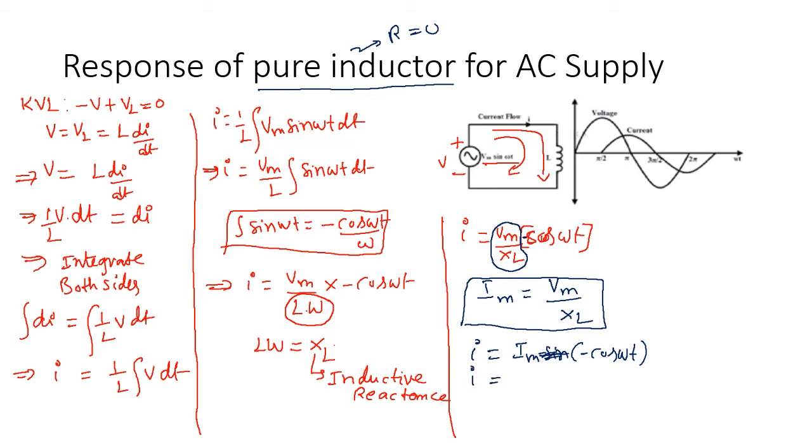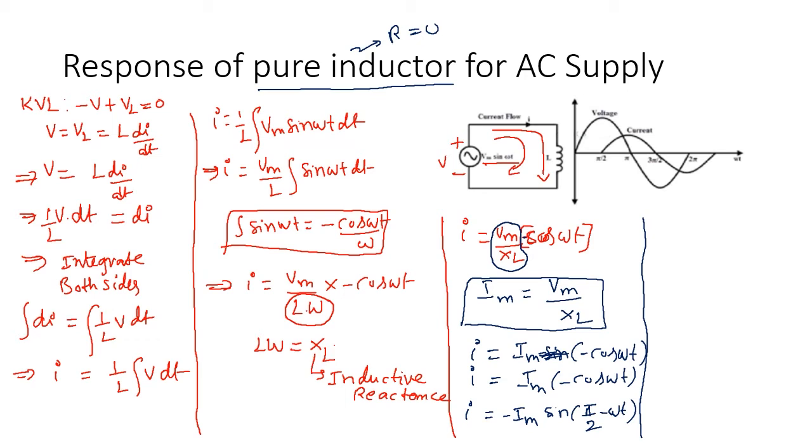So here I is equal to Im into minus cos omega t. The minus I am going to take out, and the cos omega t I am going to write as sine of phi by 2 minus omega t.